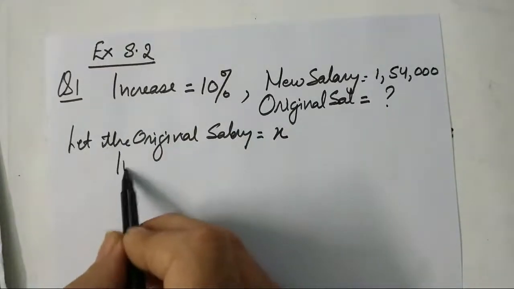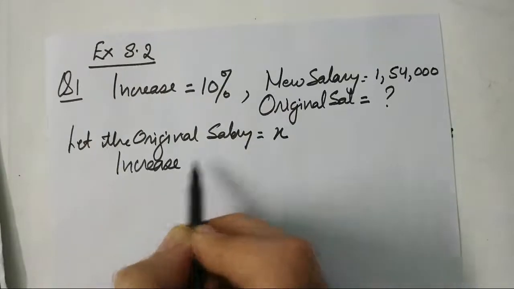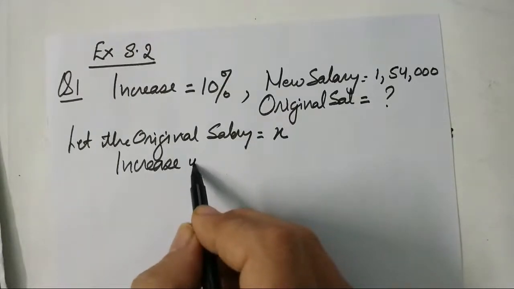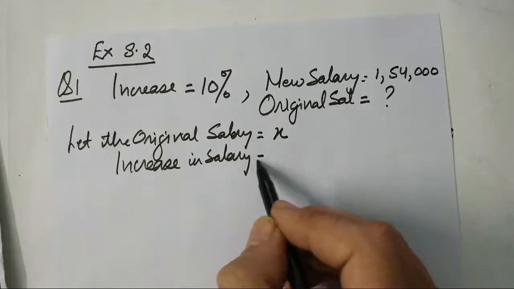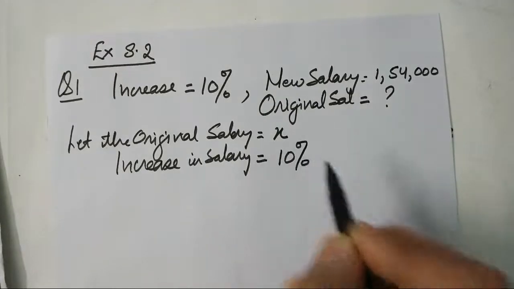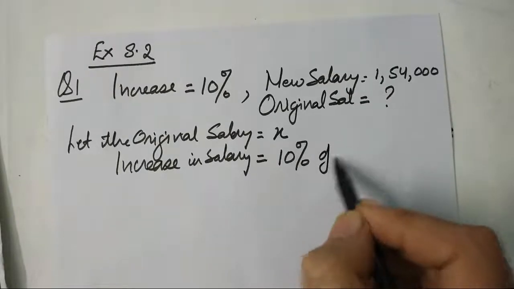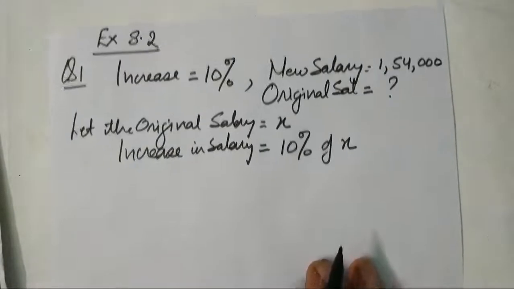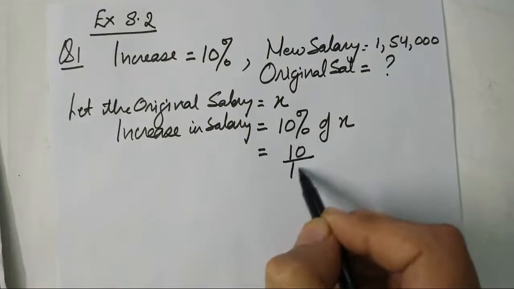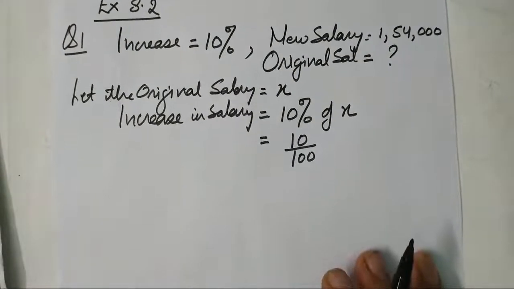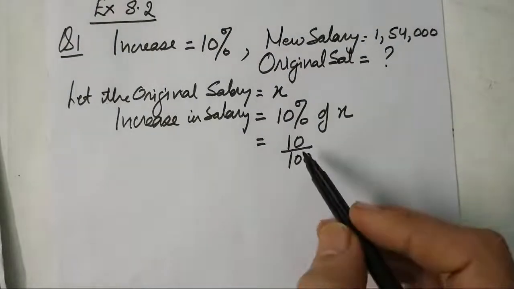Now we will write what was his increase. Increase in salary is 10% more. So he got 10% of X as increase. In the previous exercise you did that percentage means 10 upon 100.